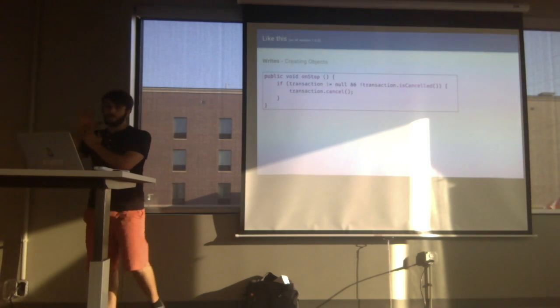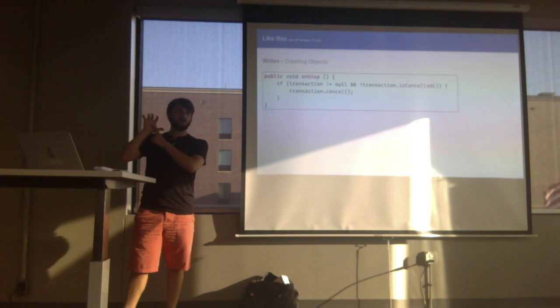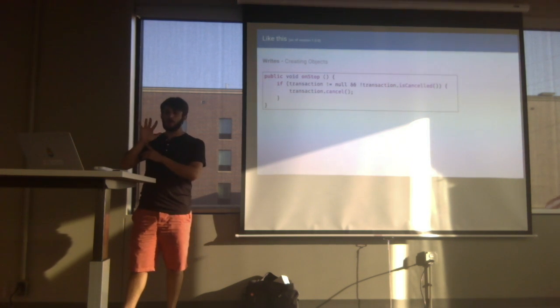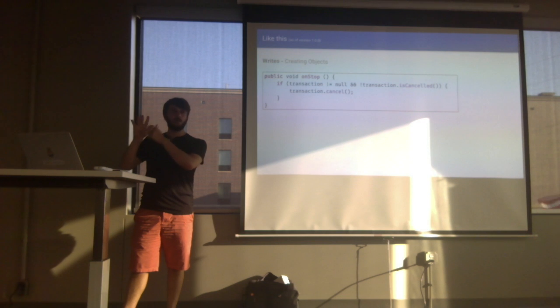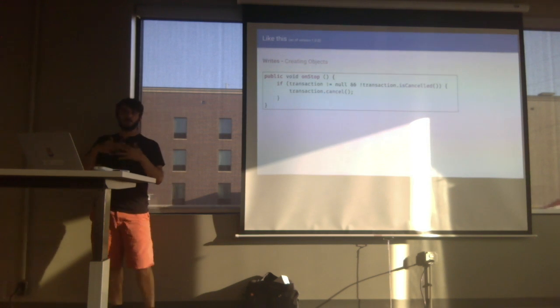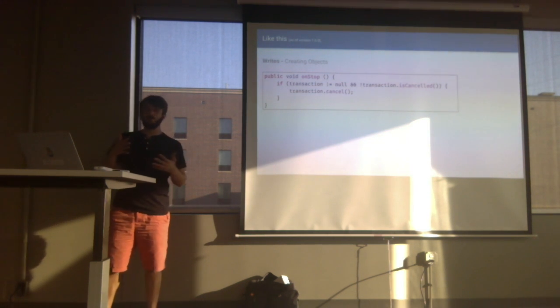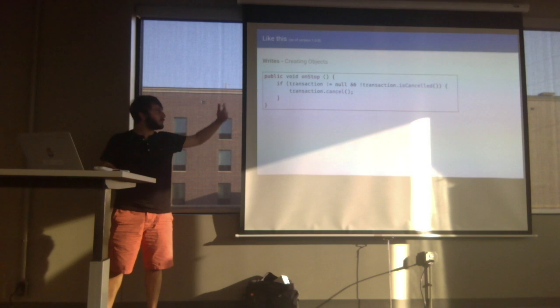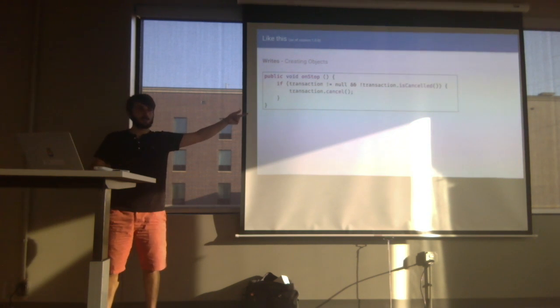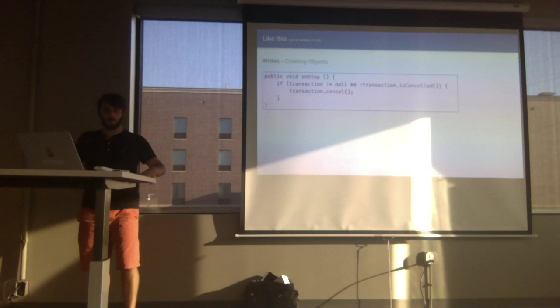The user is looking at the phone, and then they press the home button. Your activity is paused. And in the background task, you get the data, and if you try to show a dialog or commit a fragment transaction, it's going to crash because the activity UI is not visible to the user. So it's important to cancel all your transactions in the onStop method.